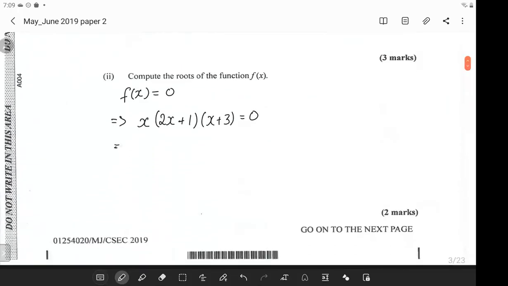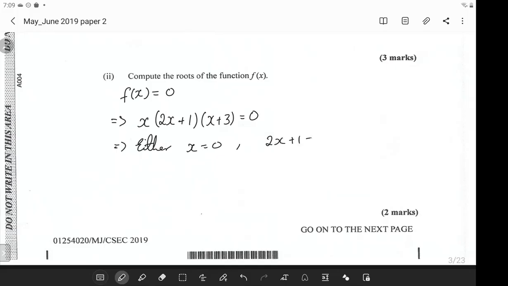So this would mean either x equals 0, so that's our first root, because if two or more things are multiplied to give you 0, that means at least one of them has to be 0.